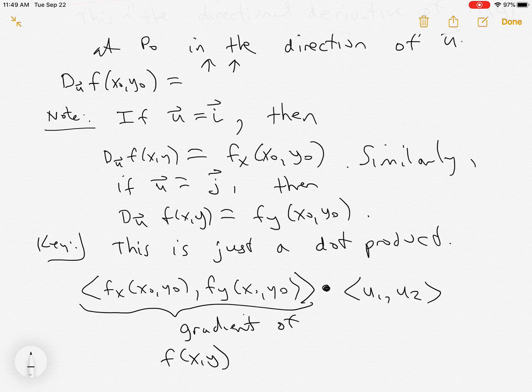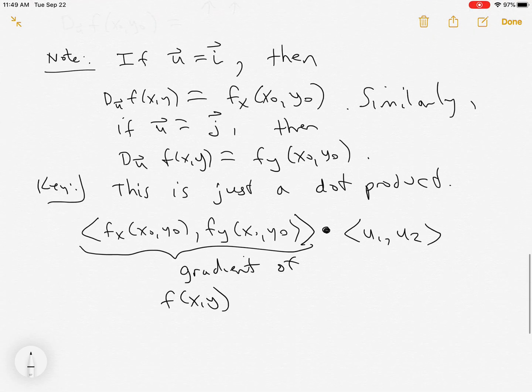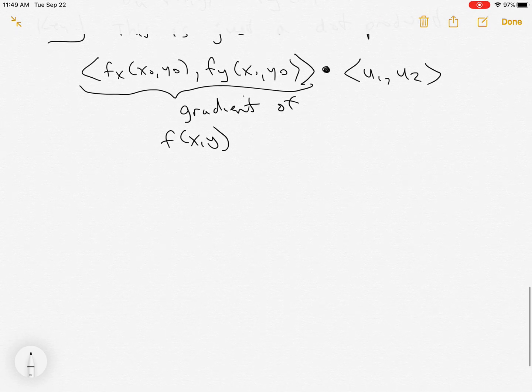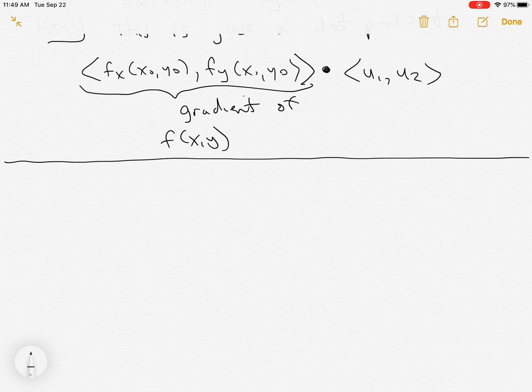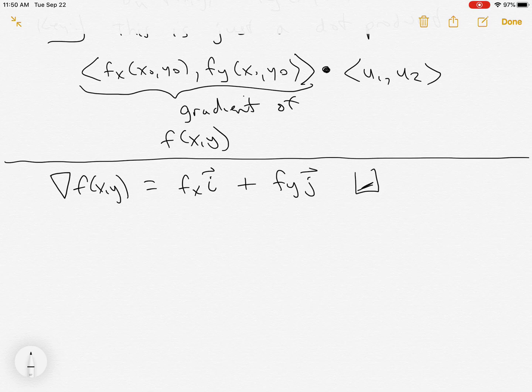And some of you may work with this in other courses or in your physics courses. I'm not sure. It always uses this symbol, which mathematicians call del f, and it's just this vector, the gradient of f. So this is a nicer way to write it.